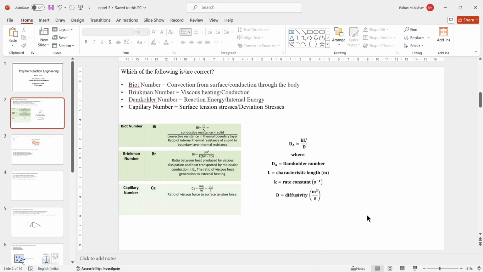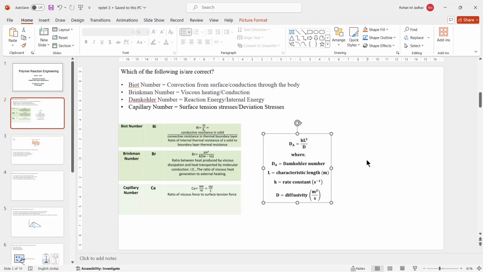Next, we have the Damköhler number. You can see K L square divided by D. K is the rate constant, and in the denominator we have the diffusivity. In the option, the definition has been written as reaction energy by the internal energy.